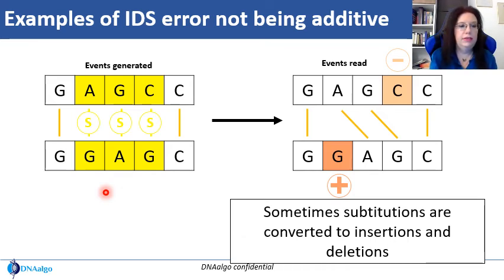In this case, we have 3 substitutions, but at the end, the edit distance between what has been read is just 2, and it can be explained as one insertion here and one deletion here. So when we compute the edit distance, remember that it's the minimum number of steps that we need to perform going from one string to another, and that's why what really happened in the channel can be explained with fewer errors.